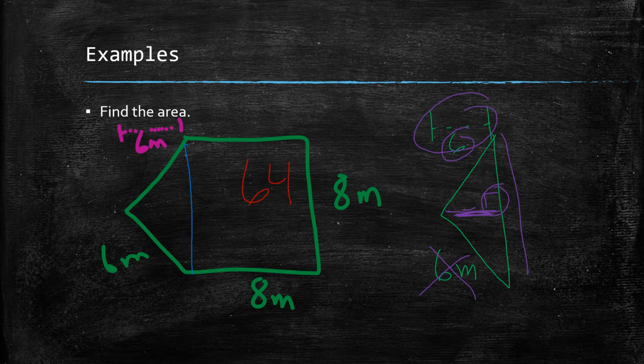So now when I do my formula for the triangle, I have the base times the height. The height is 6. I know I'm dividing by 2. To find the base, I need to find this side here because it's connected to the 90-degree angle.